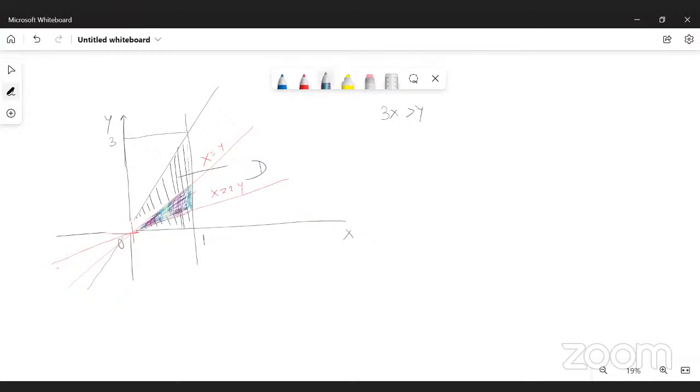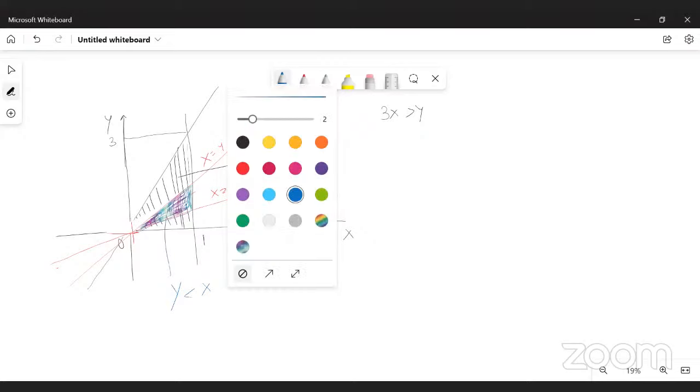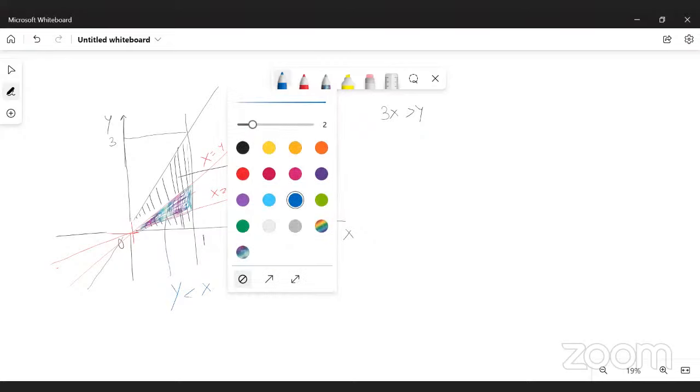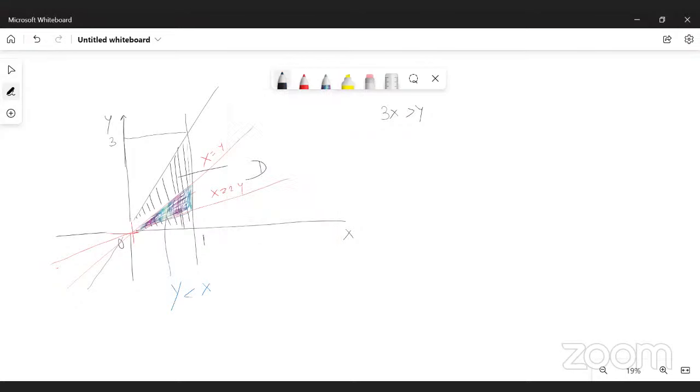So this shaded region here is where x lies between y to 2y.